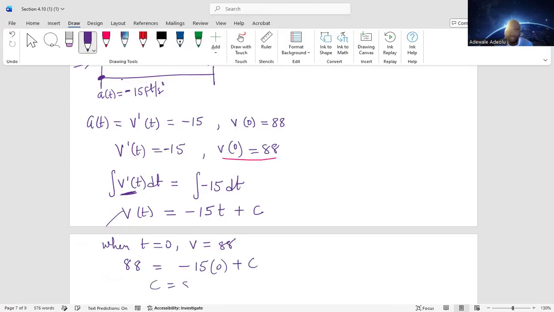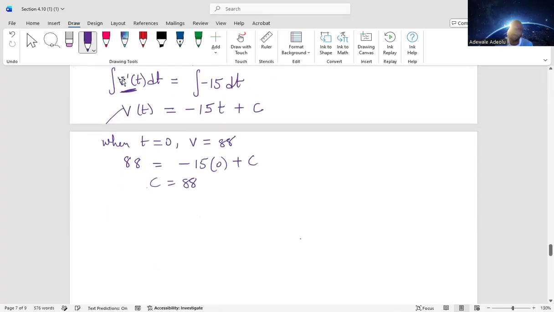So our c is 88. And in general, v of t equals negative 15t plus our c, which is 88. So 88.